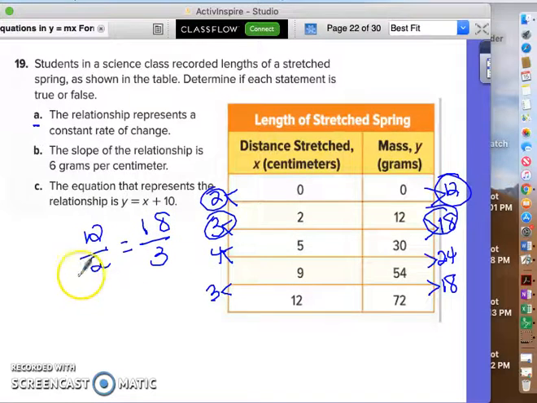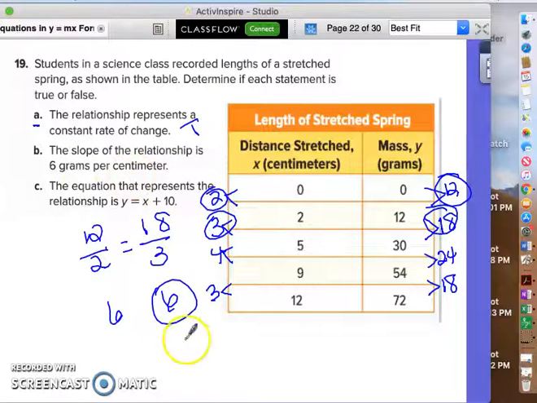So here, 12 over 2 is 6, 18 over 3 is 6. Well, 24 divided by 4 is 6, and 18 divided by 3 is 6. They are all 6. So this would be true. Also, 6 grams per centimeter, well, this reduces down to grams per centimeter. So that would be true.